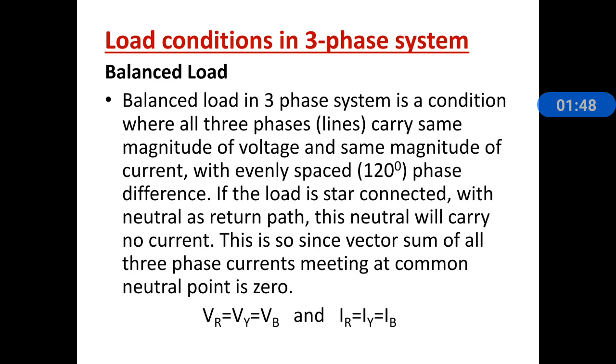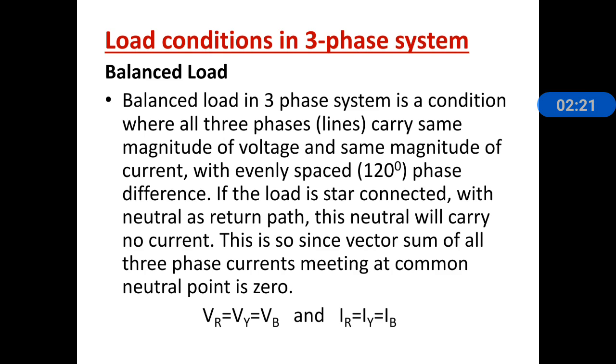The balanced load in a three-phase system is a condition where all three phases or lines carry the same magnitude of voltage and the same magnitude of current with an evenly spaced 120-degree phase difference. If the load is star connected with neutral as return path, this neutral will carry no current, because at the neutral point the algebraic sum of the three currents becomes 0 under balanced condition.